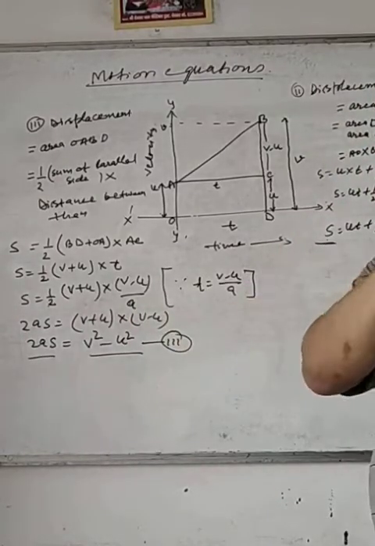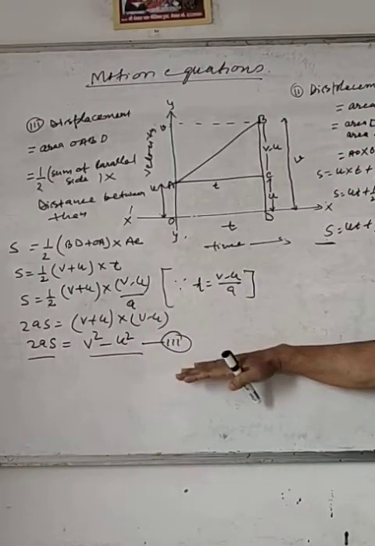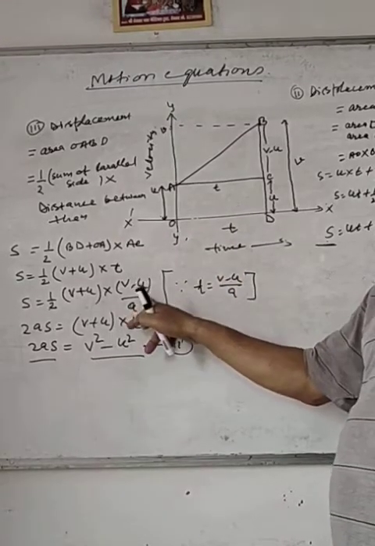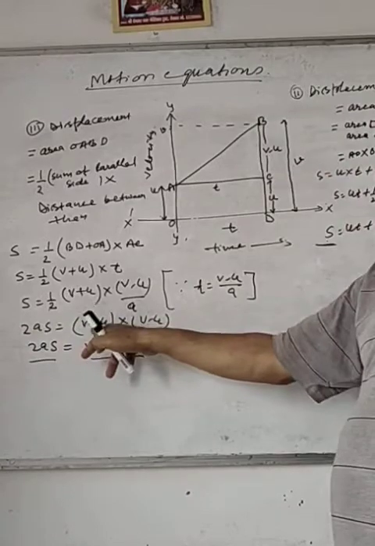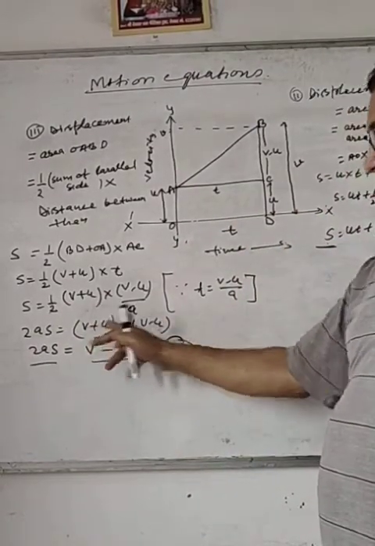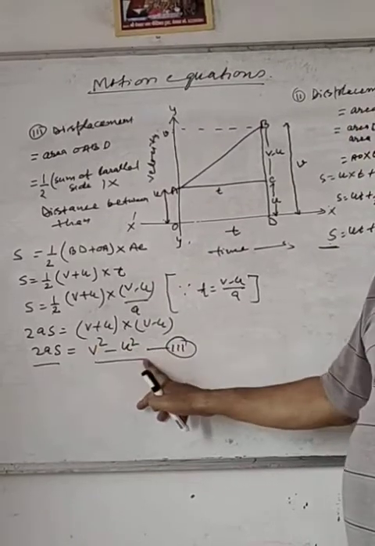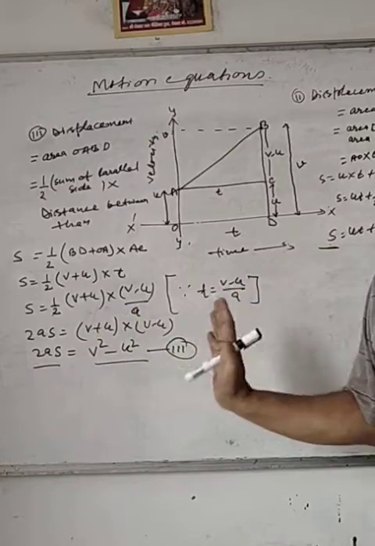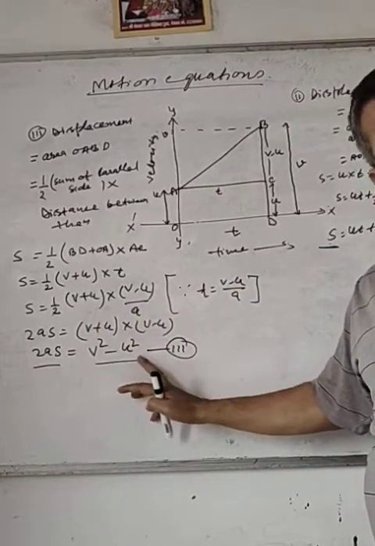From the first equation, T equal to V minus U upon A, putting this value, and 2AS equal to V plus U into V minus U. That is V square minus U square, by the identity A plus B into A minus B, that is equal to A square minus B square.